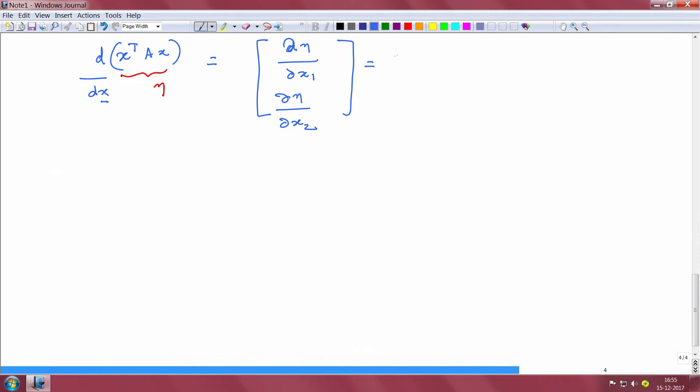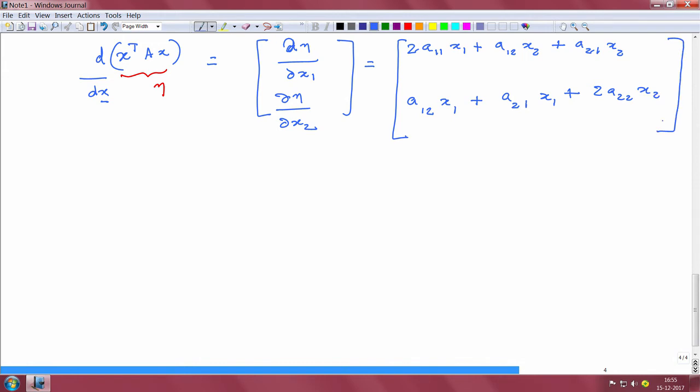If you work out this carefully, you will end up with the following. This is going to be 2 times A11 x1 plus A12 x2 plus A21 x2, and then you have the other term which is A12 x1 plus A21 x1 plus 2A22 x2. Now let us try to rearrange this.